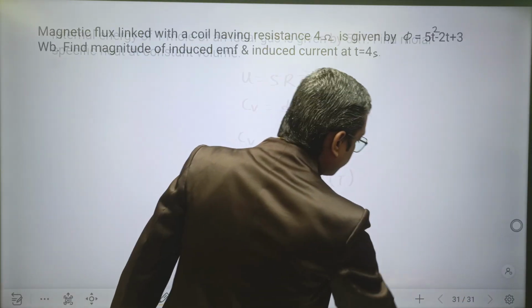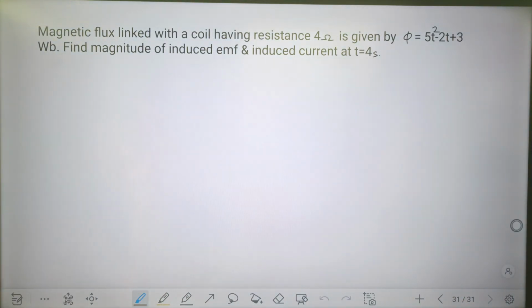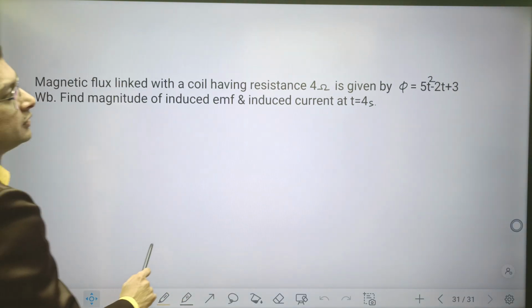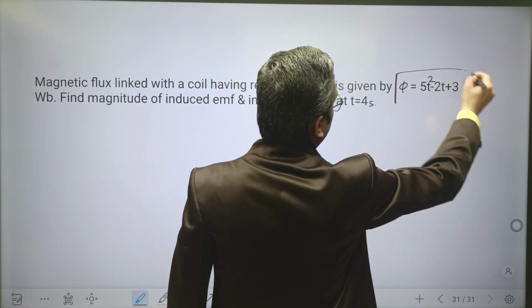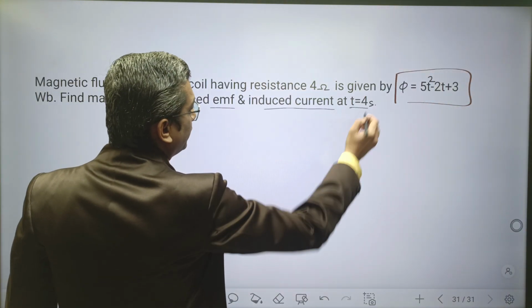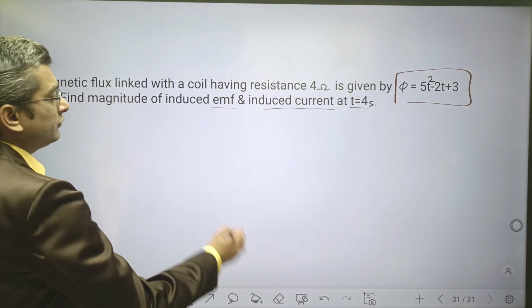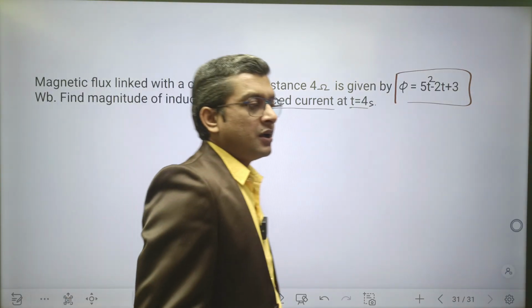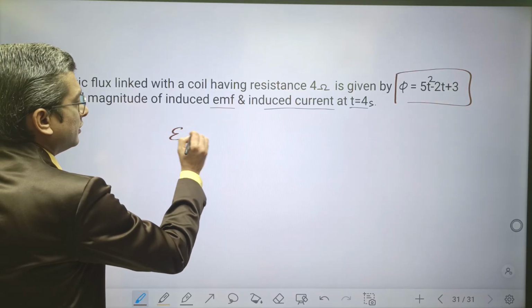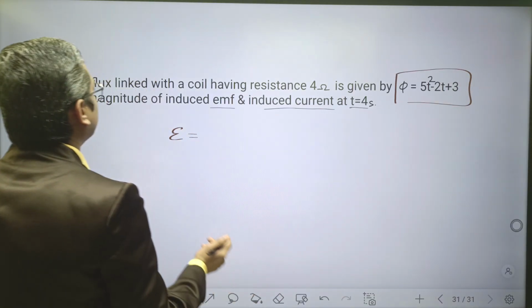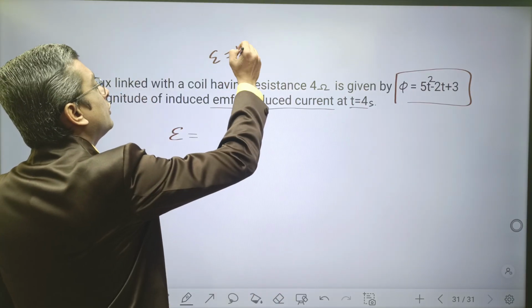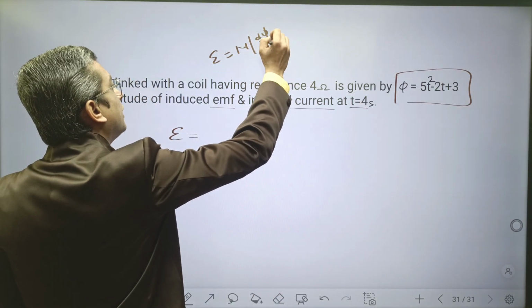Next, magnetic flux linked with a coil having a resistance 4 ohm is given by phi equal to 5t square minus 2t plus 3. Find magnitude of induced EMF and induced current at t is equal to 4 seconds. So dear students, as per Faraday's law, the induced EMF is n d phi by dt, but here it is a coil having a single turn, so n is 1.